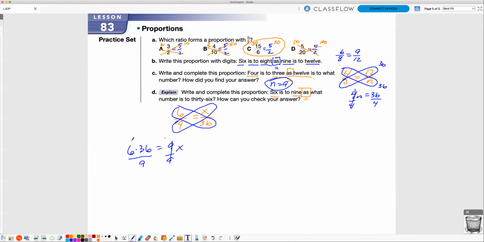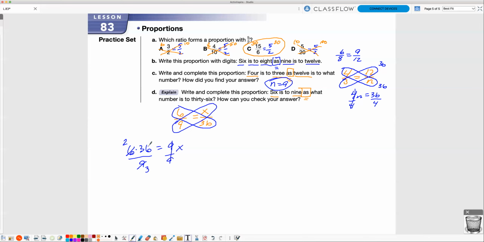I can see a couple of things. Instead of doing 36 times 6, I'm going to recognize that 9 and 6 are both divisible by 3. So 6 divided by 3 is 2. 9 divided by 3 is 3. So that reduces in a sense.